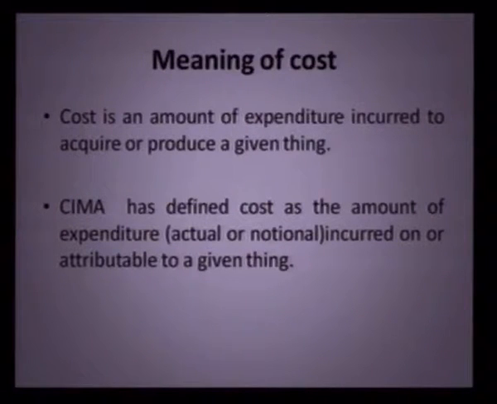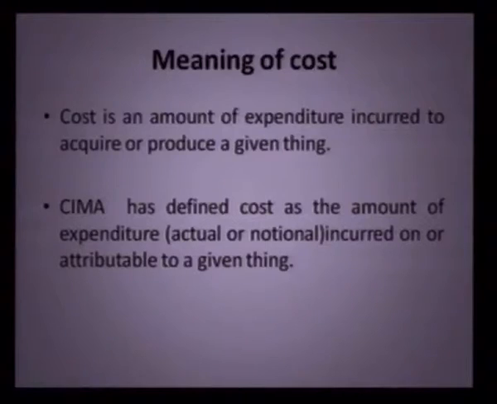Sometimes you produce some product. In that case, all expenses from raw material to labor to all miscellaneous expenses, the aggregation of all these expenses, is cost. So we can say cost is the amount of expenditure incurred, actual or notional, to attribute to a particular product, process or service.